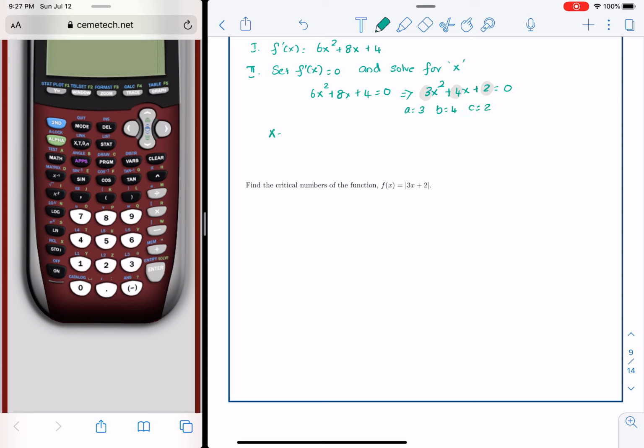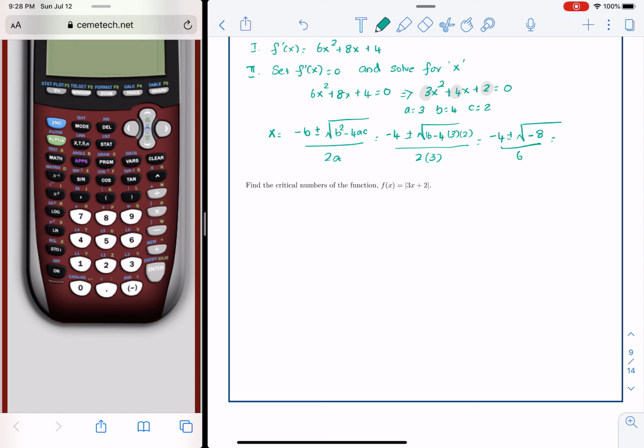And the formula is minus b plus or minus square root of b squared minus 4ac, divided by 2a. Minus 4 plus or minus square root of 16 minus 4 times 3 times 2, divided by 2 times 3. So minus 4 plus or minus square root of 16 minus 24, which is minus 8, divided by 6.